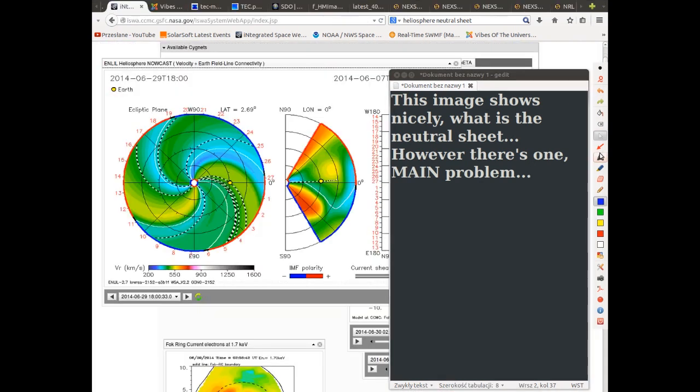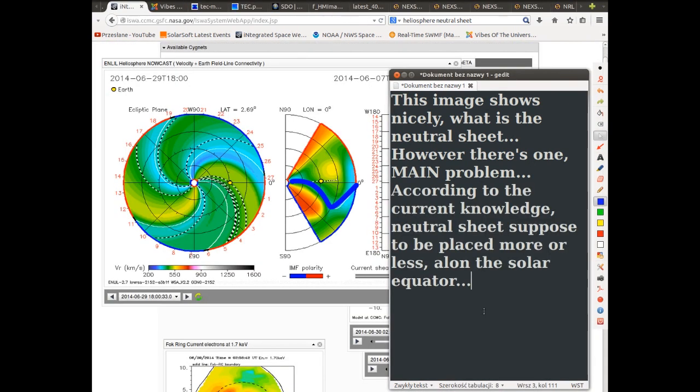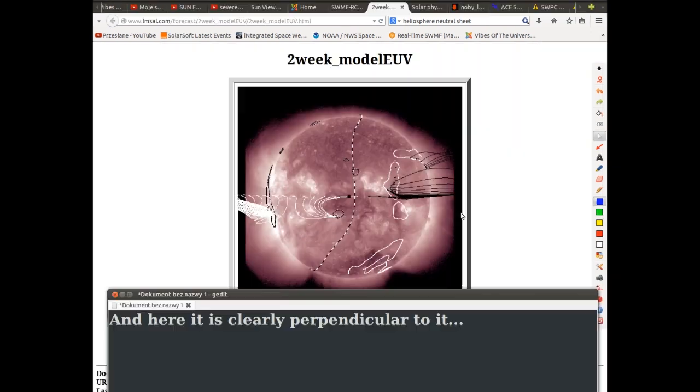However, there is one main problem. According to current knowledge, the neutral sheet is supposed to be placed more or less along the solar equator. And here it is clearly perpendicular to it.